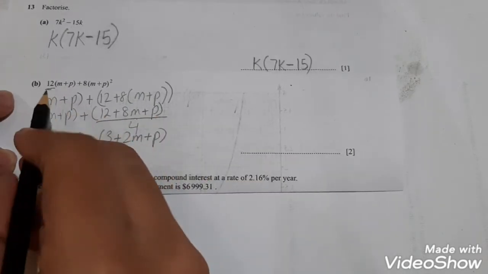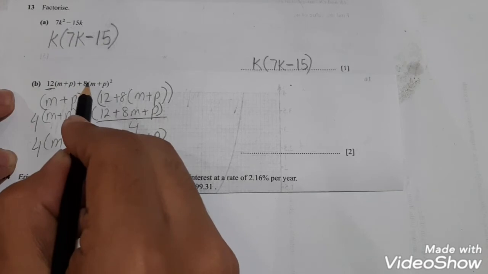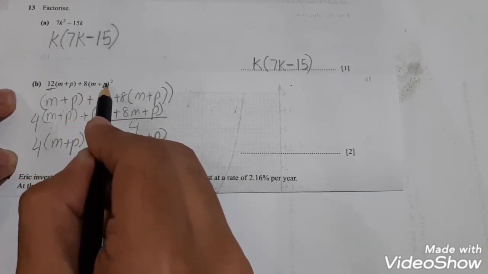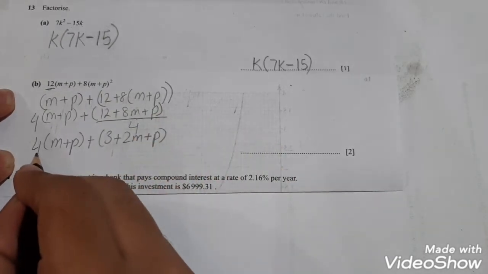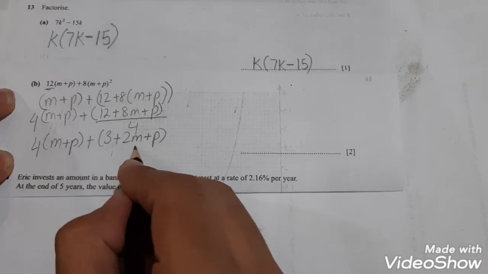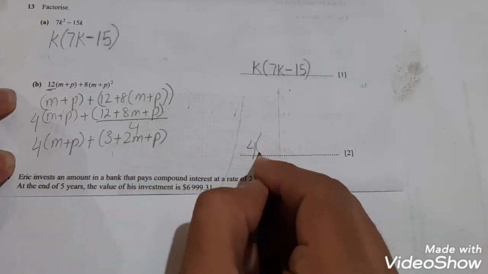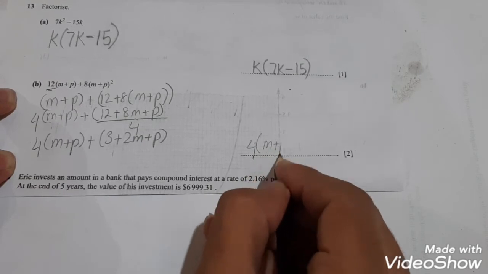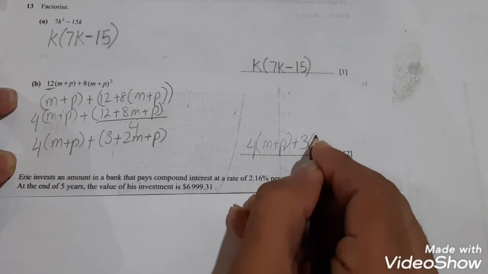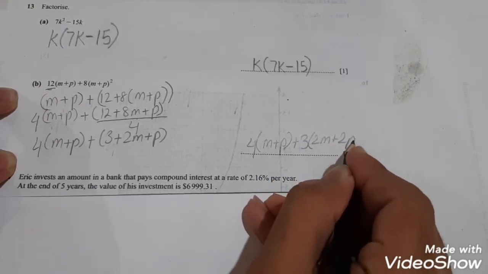So the factorization of 12(m + p) plus 8(m + p)² will be 4(m + p)(3 + 2(m + p)), which is 4(m + p)(3 + 2m + 2p).